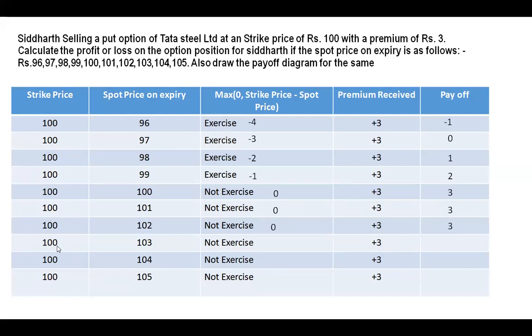Next point, when the strike price is less than the spot price is greater. In that case, the put buyer will not sell at 100 rupees. He would like to sell at 103 because the put buyer is having a choice. He can make a choice where he wants to sell.